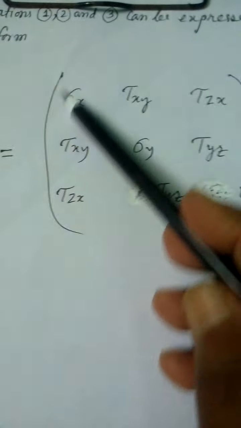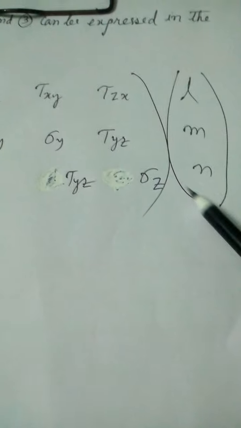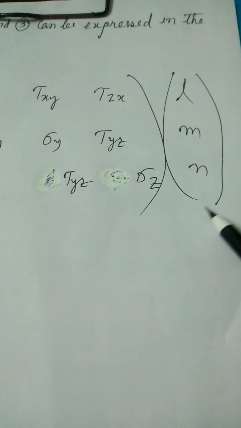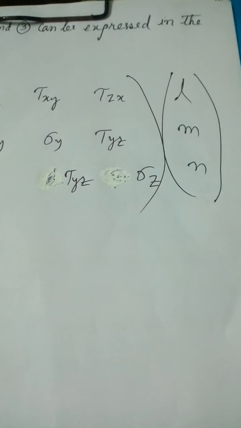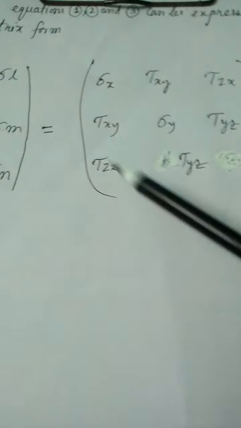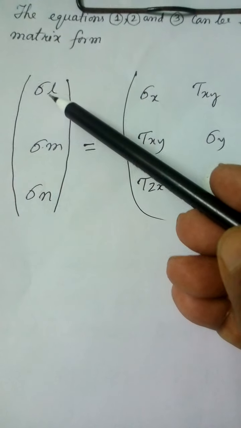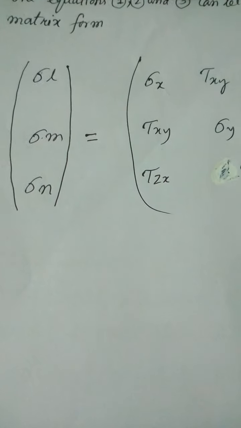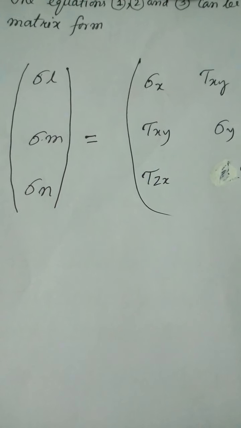This matrix is given, and the plane, meaning the direction cosines of the plane, is given. So we have to find out the components sigma L, sigma M and sigma N. Sigma L is nothing but the component of sigma in the x direction, this is the y direction and this is the z direction.